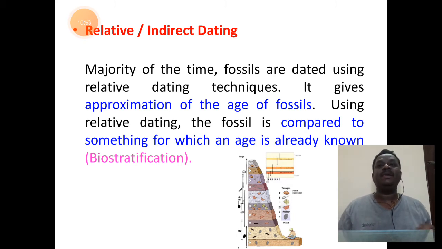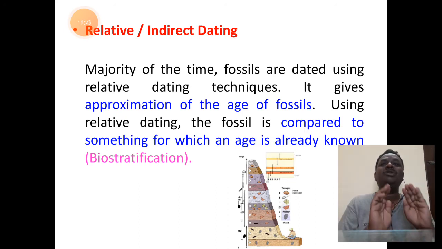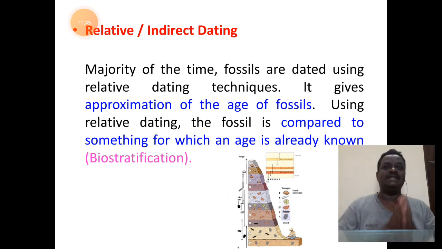Relative dating is also called indirect dating, wherein we go for dating of fossils or fossil rocks by comparing it with the age of a fossil or fossil rock which is already determined. In simple terms, we can say that it gives the approximation of age of fossils.